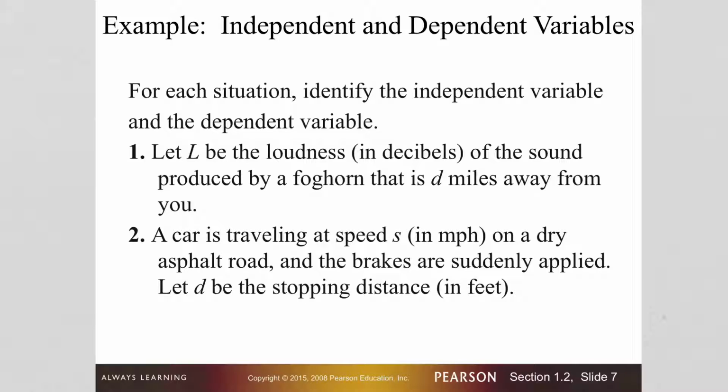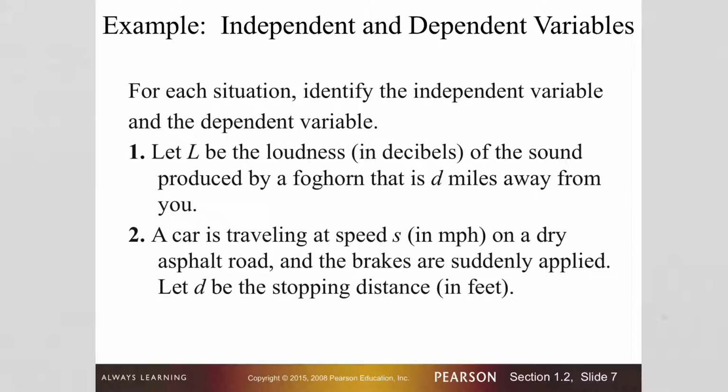Okay, so let's look at these situations and let's talk about it. So, number 1, let L be the loudness in decibels of the sound produced by a foghorn that is d miles away from you. So, do the miles depend on the loudness, or does the loudness depend on the miles? It makes more sense that the loudness of something depends on how many miles away that you are from it.